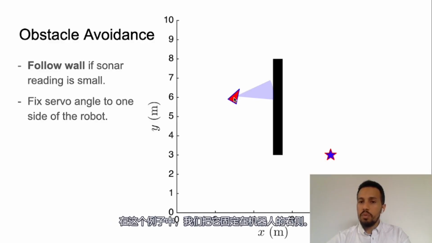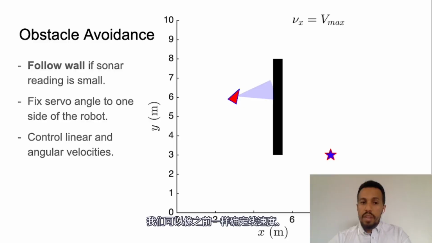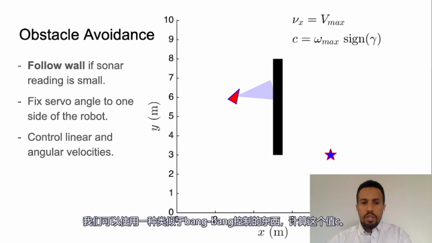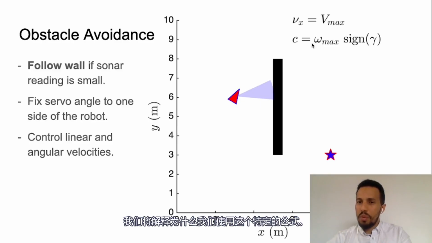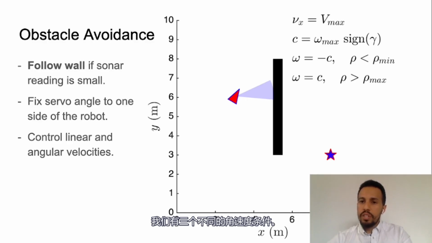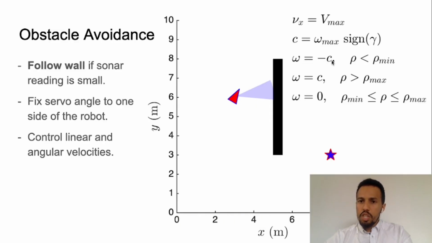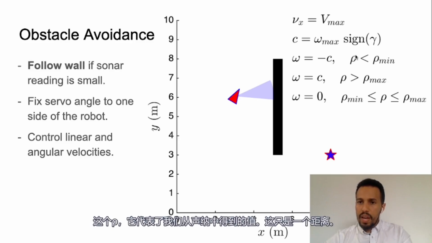In this example, we are fixing it to the right side of the robot, and then we can fix our linear velocity as we have before, and then we can use something similar to a bang control, where we compute this value c, and I'm going to explain why we use this particular formula. After that we have 3 different conditions for our angular velocity.